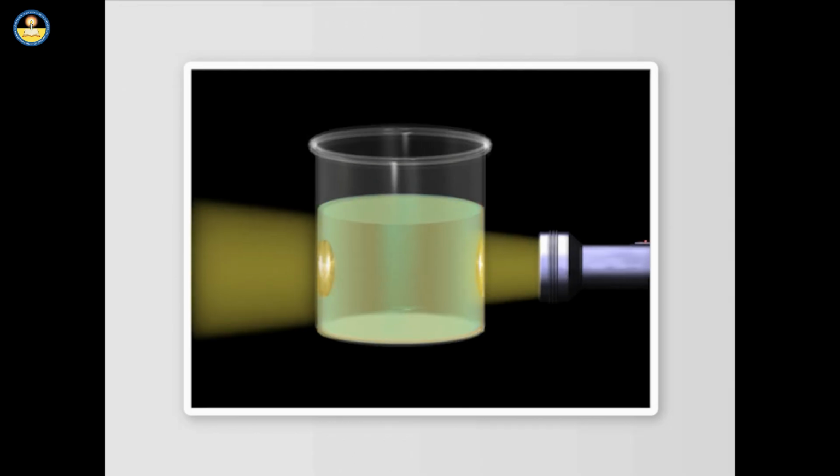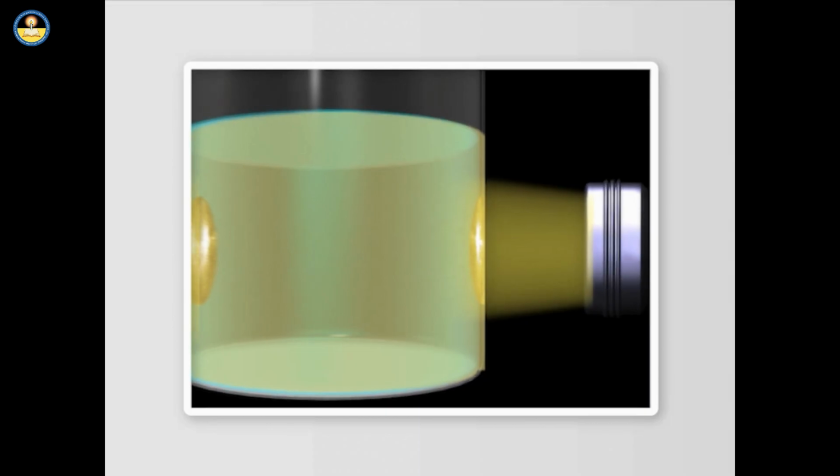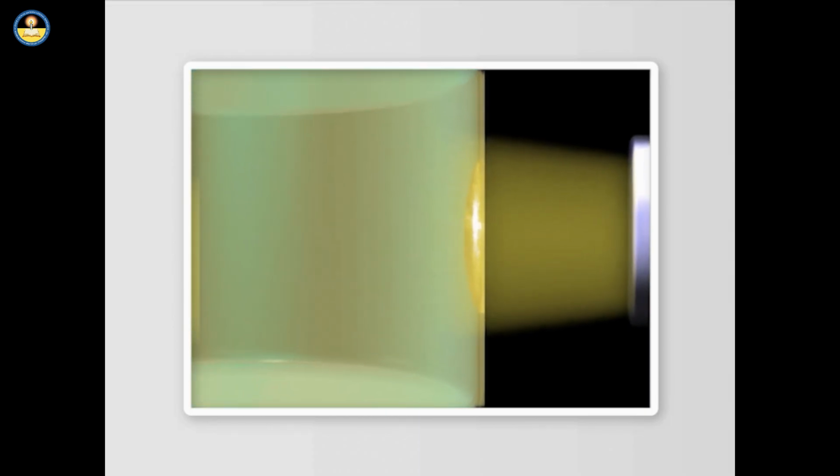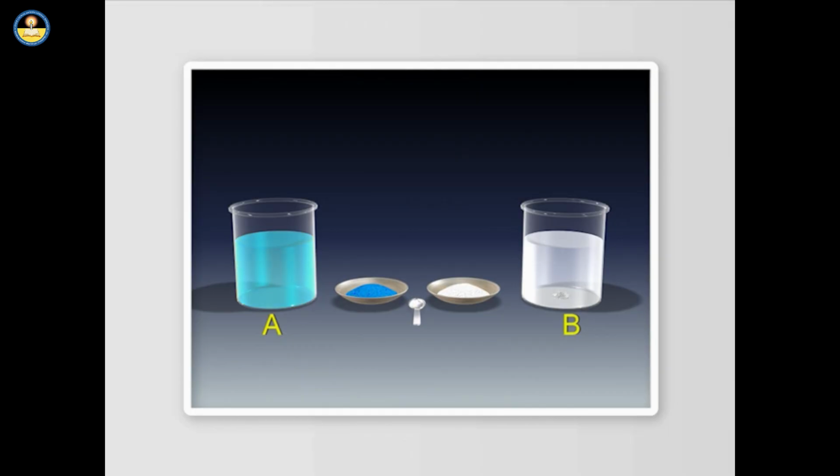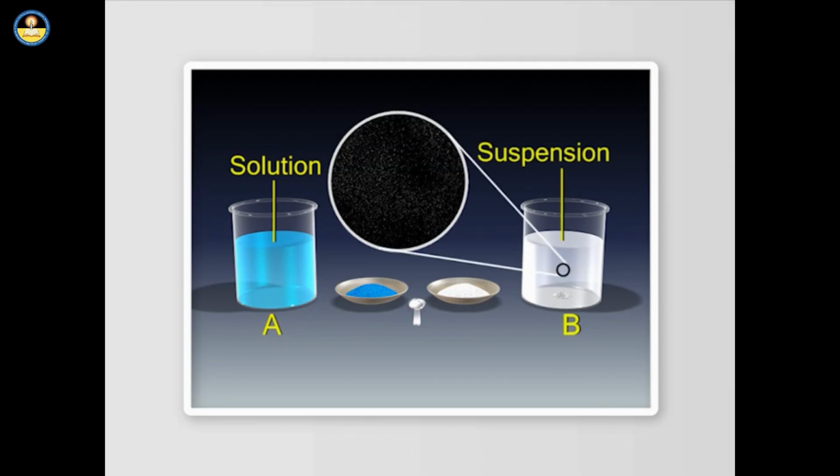When we dissolve a solute in a solvent, its particles are separated from each other and dispersed evenly throughout the solvent to such an extent that the solute is no longer visible to us. Such solutions are always homogeneous or uniform in color and appearance. The mixture in beaker A is a solution, whereas the mixture in beaker B is a suspension.